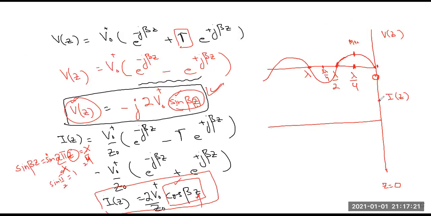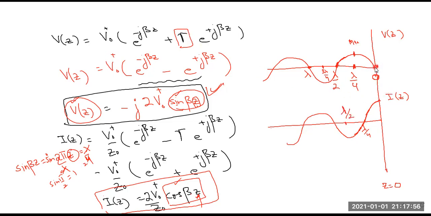And then if you move a distance of lambda by 4, the current will become minimum. So this is lambda by 4. And again, as cosine function behavior is easy to follow, you will get something like this. The main point that you can see over here is, this is lambda by 2. So what behavior can you see?